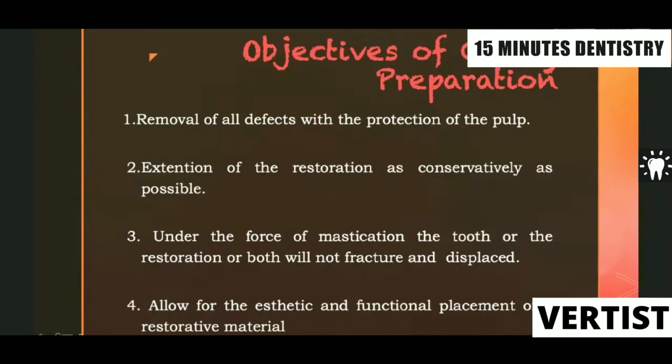Then when you bite, or the force of mastication comes on the tooth, the restoration and the tooth both should not fracture and should not be displaced. Also allow for good aesthetic and functional placement of the restorative material.